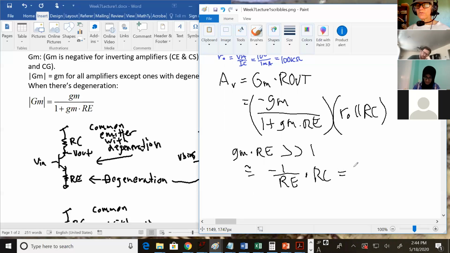In 346, you actually used this equation for your gain for one of your labs, at the end where they had the common emitter lab, and they just said, here's the gain, believe it. This is how they got there. They made these two assumptions, RO much bigger than RC.